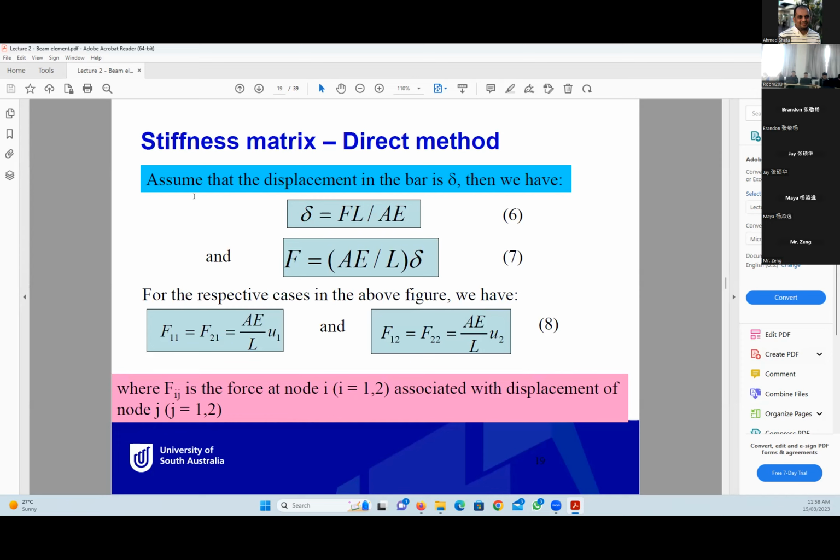To get the components, we will assume that the displacement in the bar is delta. Then delta equals FL divided by AE. This is the equation where F will be AE divided by L times delta.